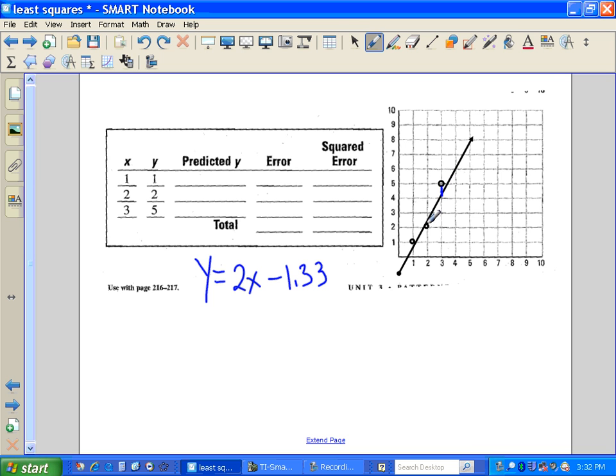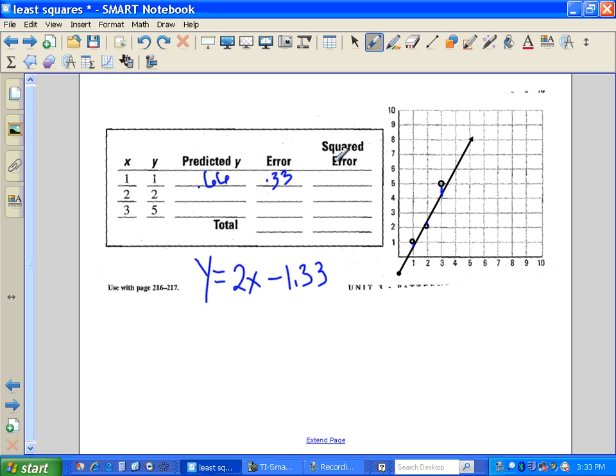These are maybe slightly off here and slightly off here, but there's not a big long line that we're looking at. If we use this equation and plug in 1 for x, then we would anticipate getting 0.66 for y. Well, if you subtract the predicted y from the actual y, there's an error of 0.33.